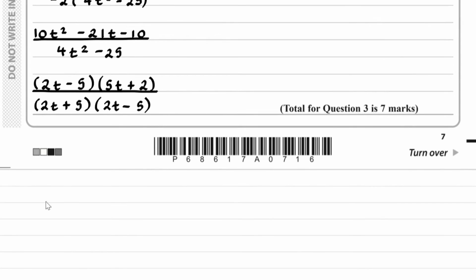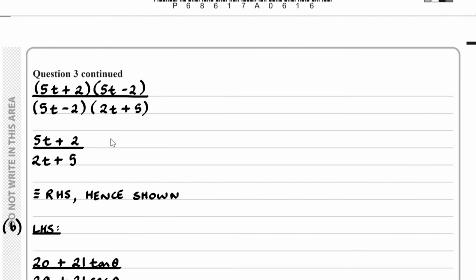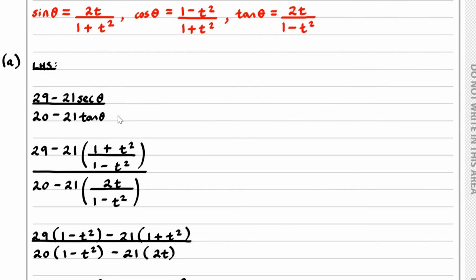And simplifying even further, we end up with 5t plus 2 over 2t plus 5, and if we recall, this is the result we started off with.